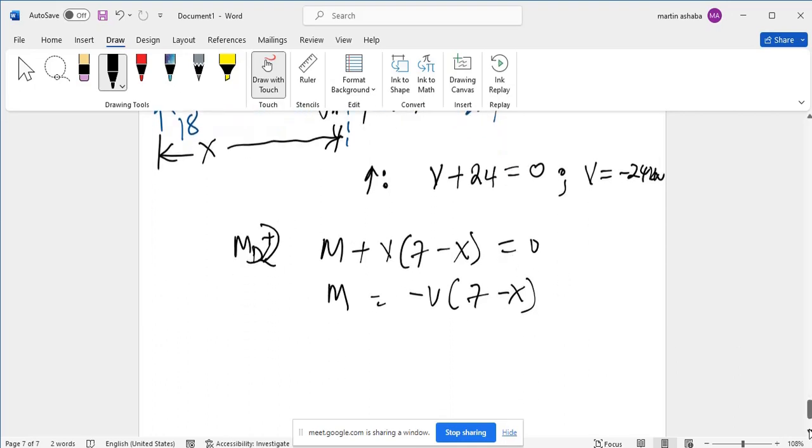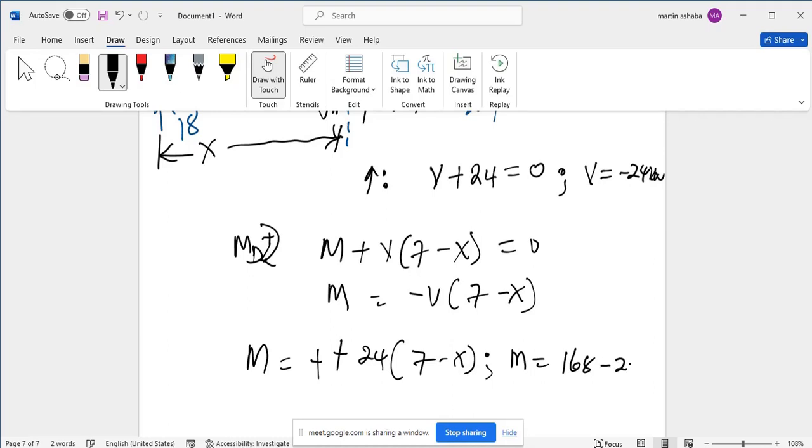So let us substitute in the value for V. It is negative 24, so my M is equal to negative times negative 24, which becomes positive 24 into (7 minus x). What is this? This means M is equal to, remember this now becomes a positive, 24 times 7, you get 168. Then 24 times minus x, you have minus 24x.